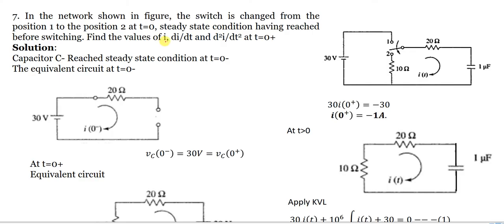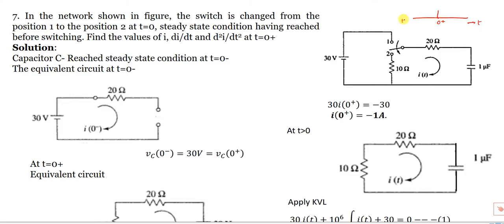Find the values of i, di/dt, and d²i/dt² at t equals 0 plus. That is, just after switching you have to find the value of i, the value of di/dt, and the value of d²i/dt². I already told you, suppose t equals 0 is the switching point; that instant is called 0 plus.